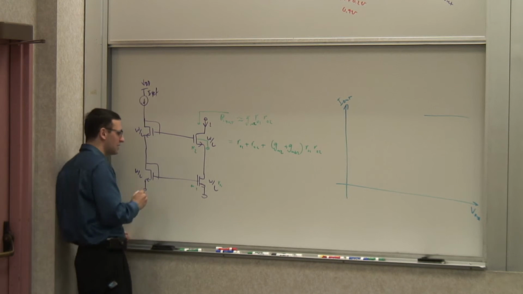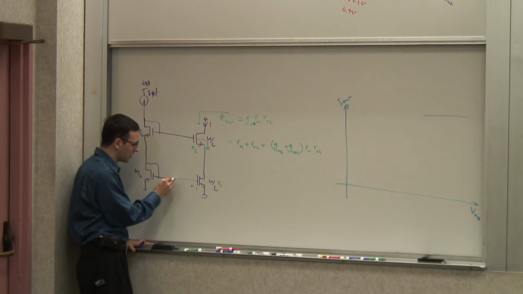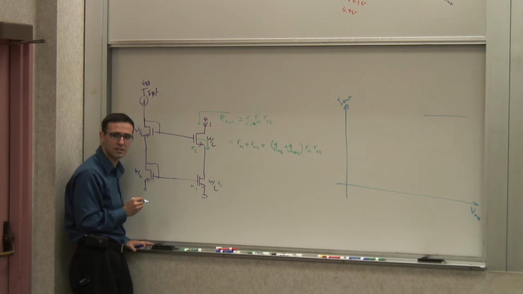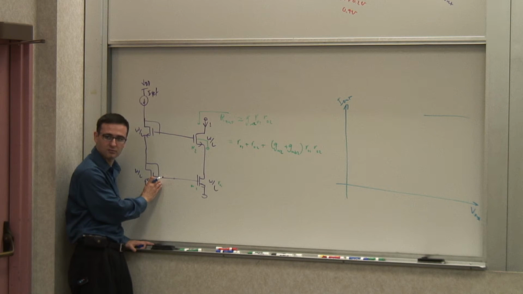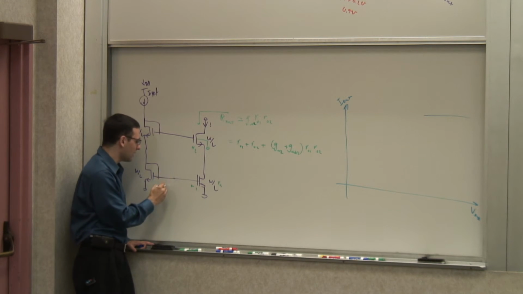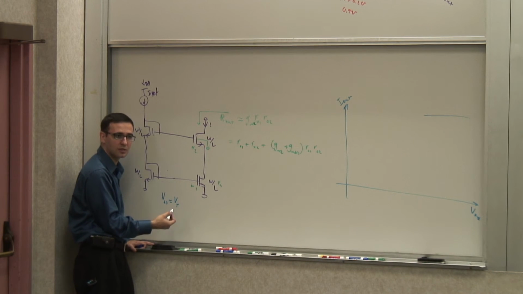Well, we need to calculate these DC voltages, right? What is this voltage here, DC-wise? It's going to be the drain source voltage. It's a VGS, right? Of this guy. But I can write VGS as what? VGS is the VT, it has to at least have a VT for the transistor to be on, right?